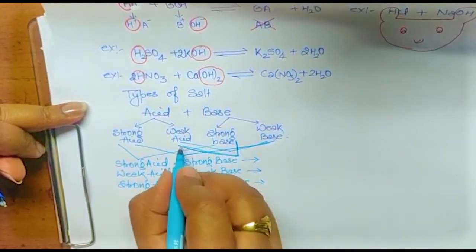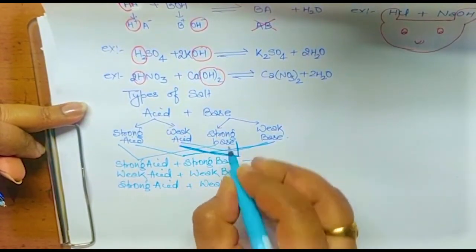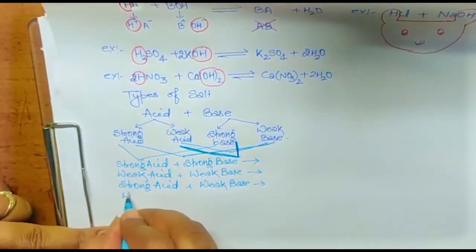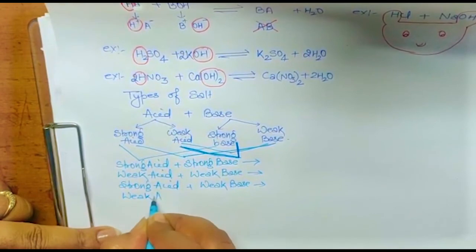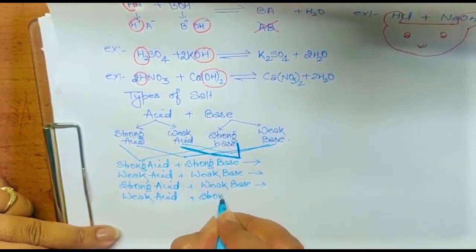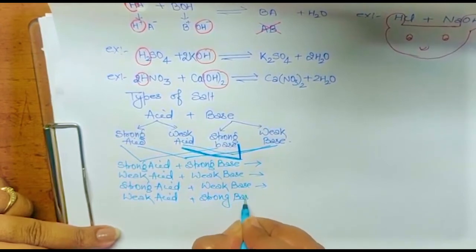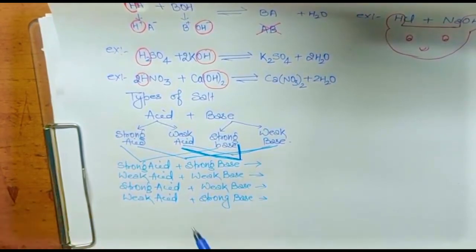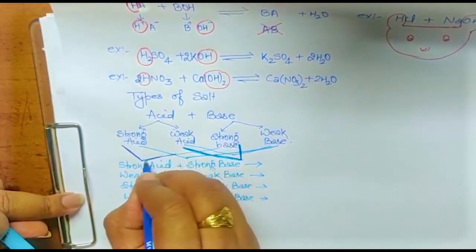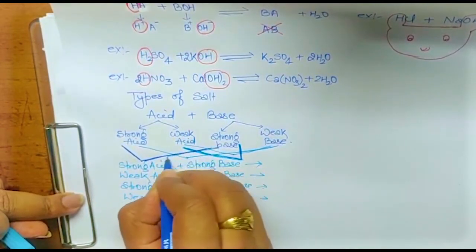This is one. Let me darken it. Yes. So, weak acid and strong base. Okay. So, this combination, can you understand? Now strong acid and strong base, let me darken this way.